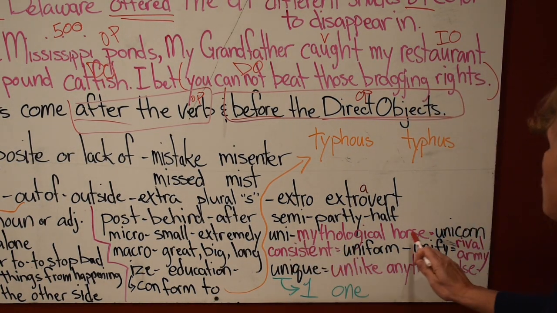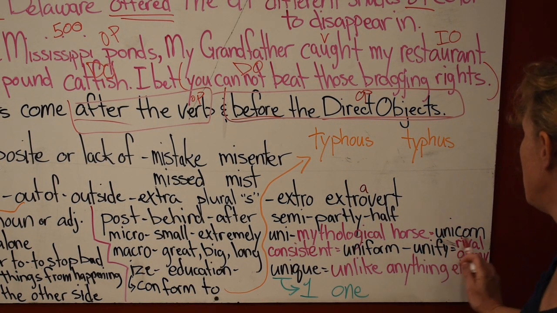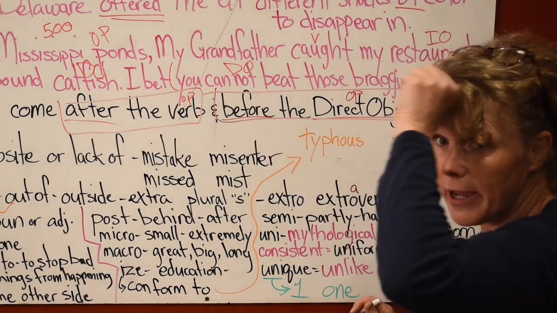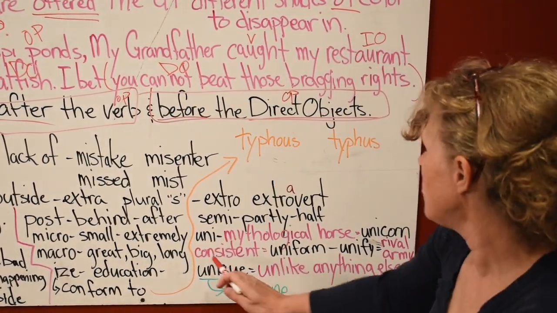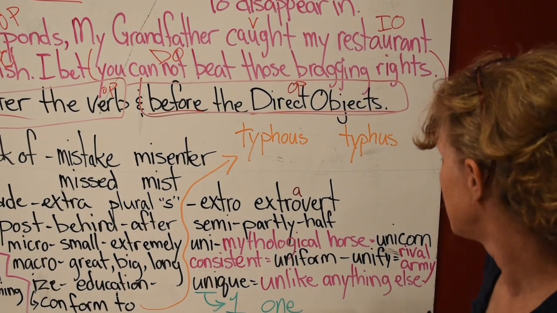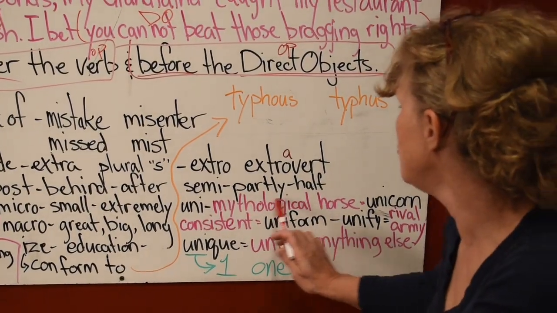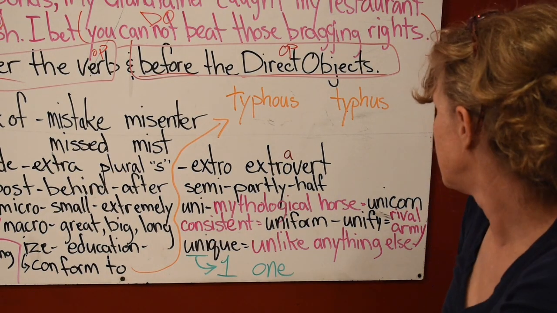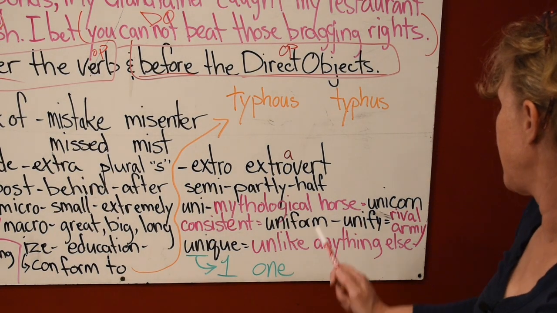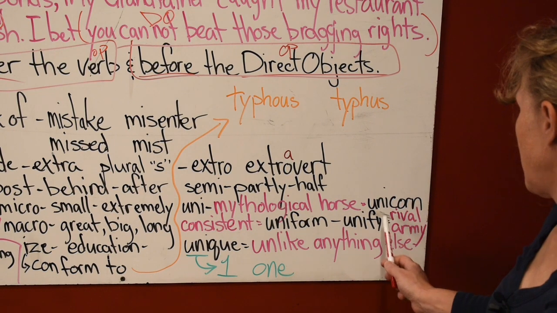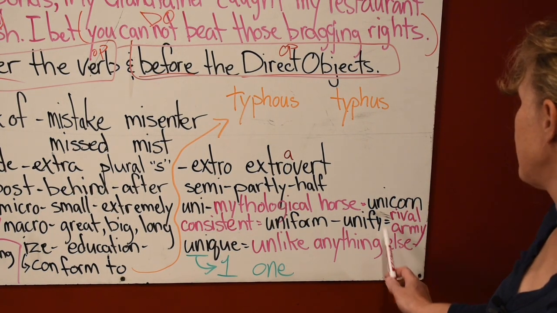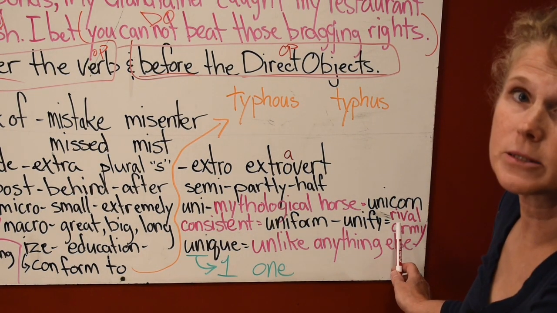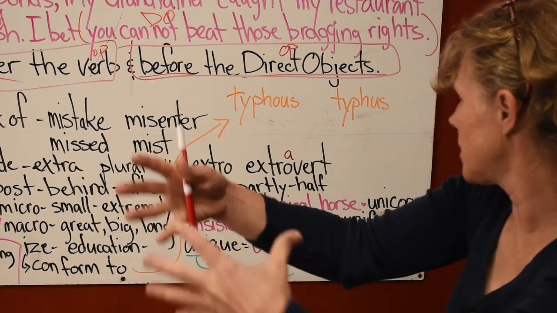Think of a mythical horse, like a unicorn with one horn, right? Now you can think of a uniform, okay? Now, think of unify. You're going to unify a rival army, right? You're going to unify them and work together.